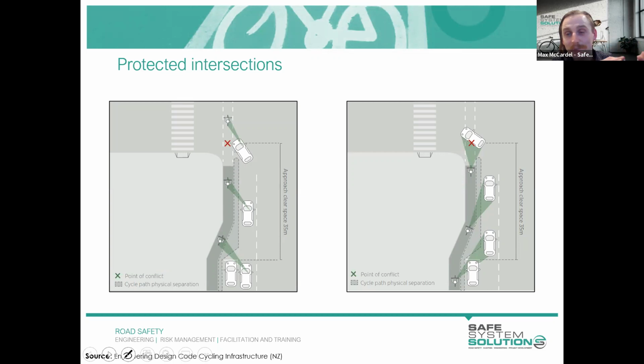So that example at the start where we showed the parked vehicle was really, really close to the intersection made it really difficult for the cyclist to see the left-turning vehicle and vice versa. So having this approach clear space, as it's called, or just ensuring that there's adequate lines of sight is crucial in all of our designs.